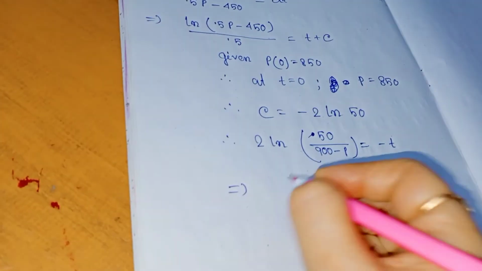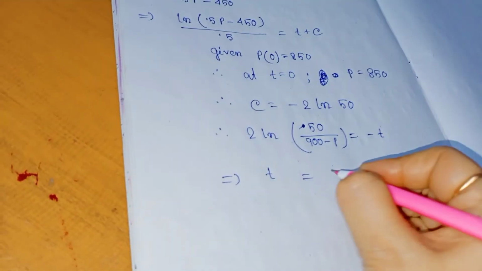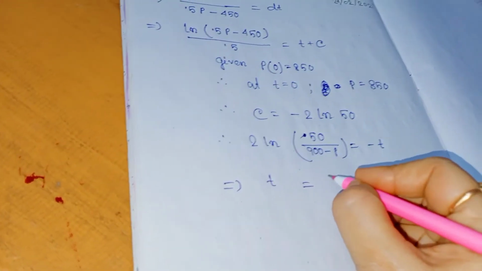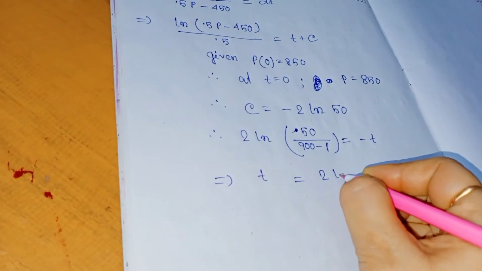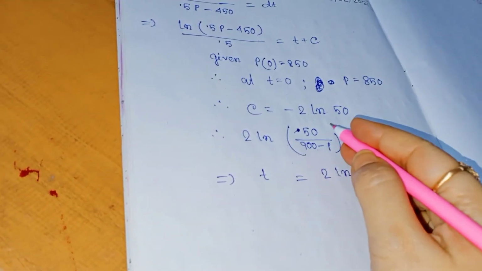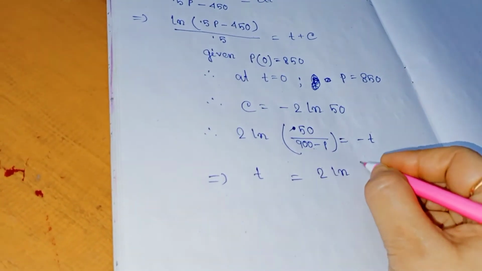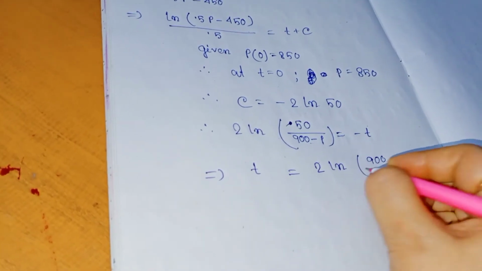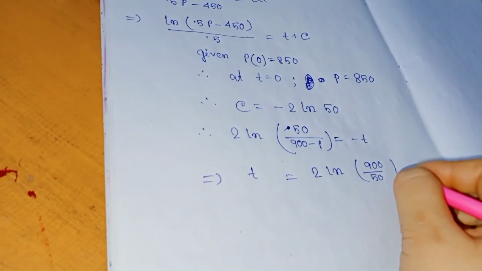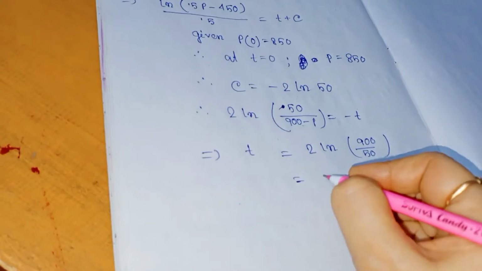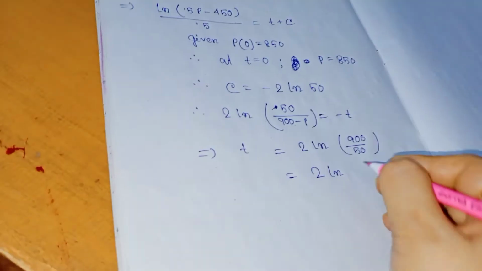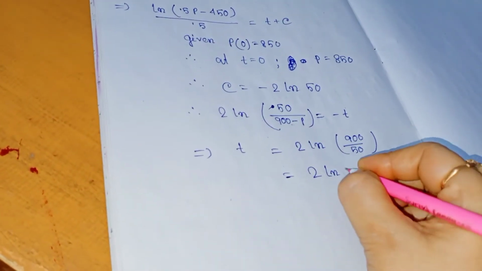That implies t is equal to 2 ln, and the numerator becomes denominator, so 900 divided by 50, and that is 2 ln 18.